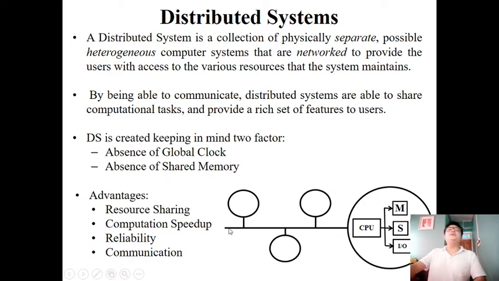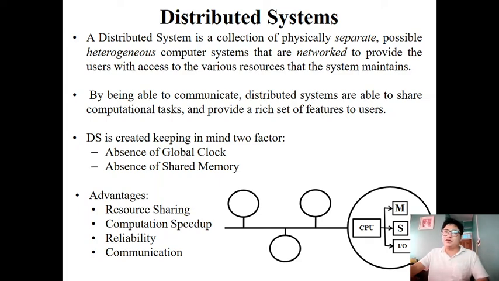Next is the computational speedup. Similarly, if you have a distributed system where different computers are connected with each other, and you have a user program to execute, say the user program has hundreds of subroutines. If they have to execute in a single system, then they execute one after another.